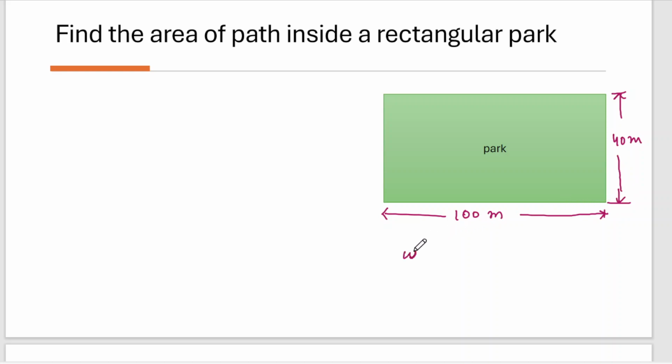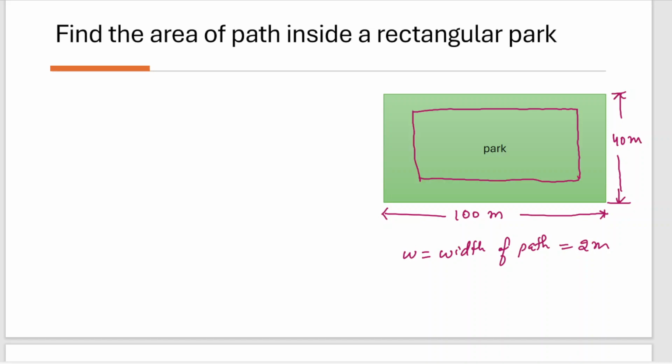Okay, so W we are taking as 2 meter. So let me construct this. So we have constructed a rectangle inside this park, and the uniform width of this is given as W. So let us take it as W. Okay.